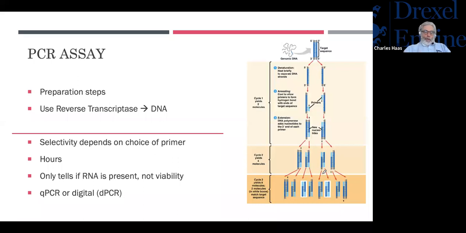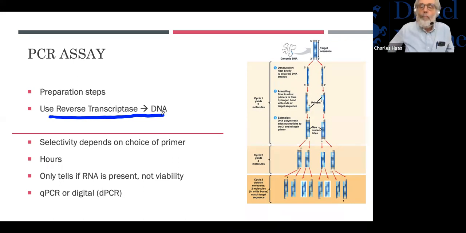Now, for retroviruses, the first thing we need to do is use reverse transcriptase to convert RNA to DNA. We take our sample, we collect it, we purify it, perhaps concentrate it, treat it with reverse transcriptase to produce DNA, and then we put it in this assay.